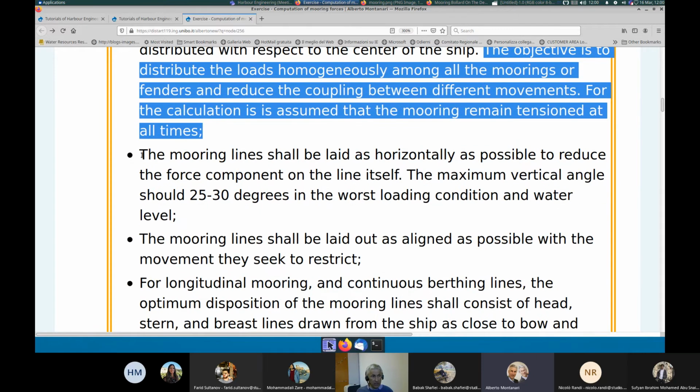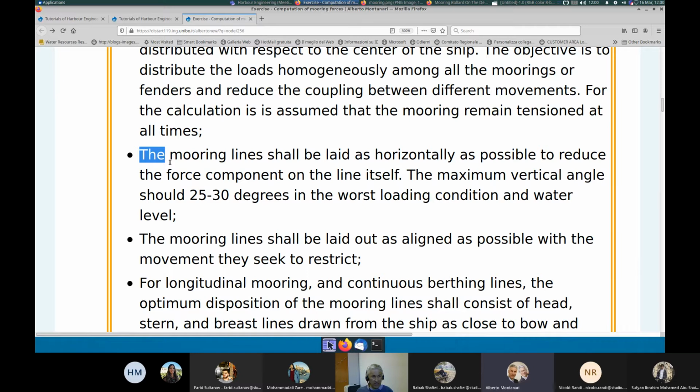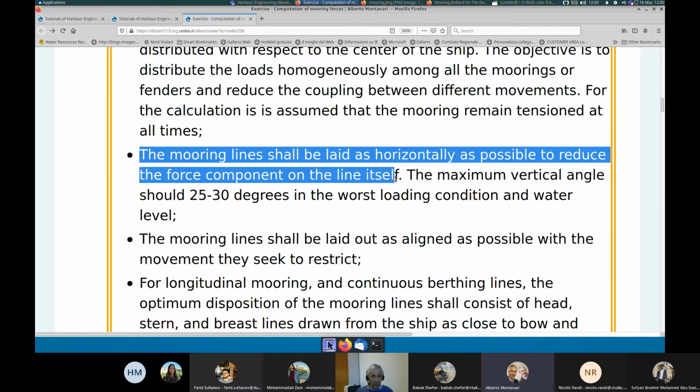Now, the mooring lines shall be laid as horizontally as possible to reduce the force component. A simple reasoning of structural mechanics suggests that the higher the inclination, the higher the forcing. Think of a mooring line that runs vertically and is subjected to a horizontal forcing, because wind forcing is horizontal.